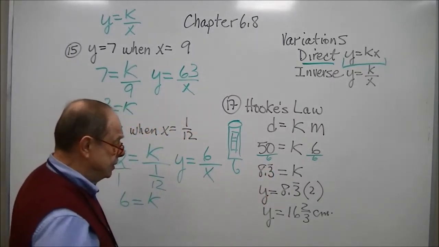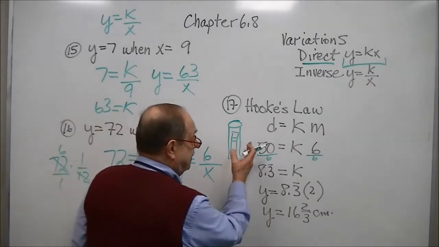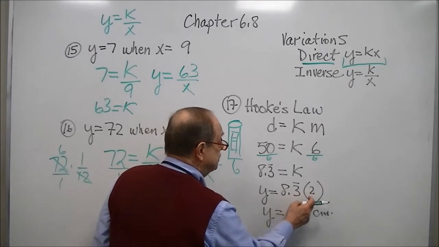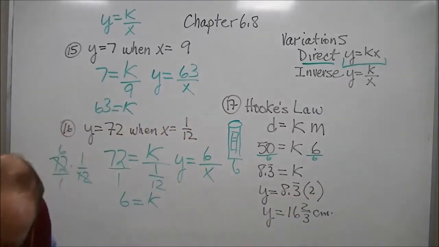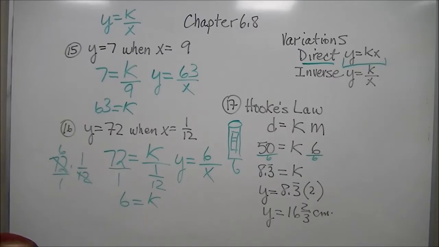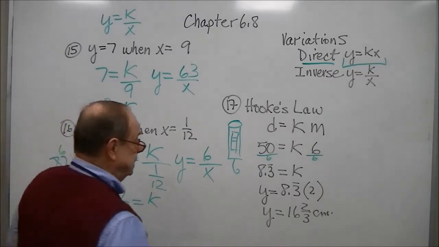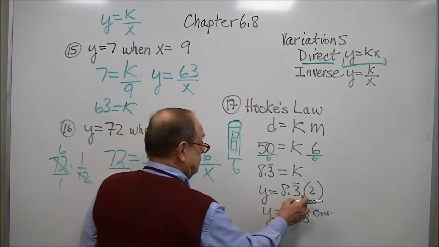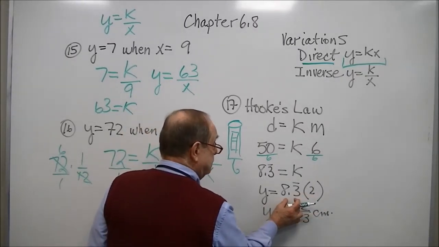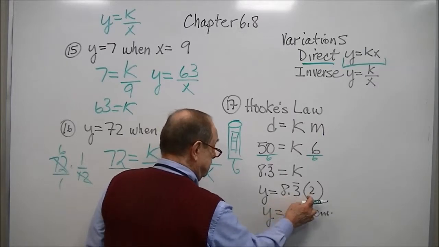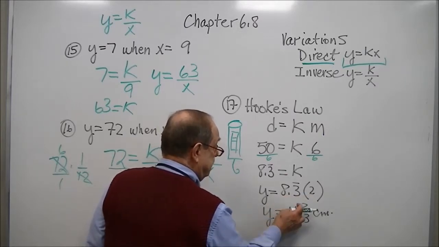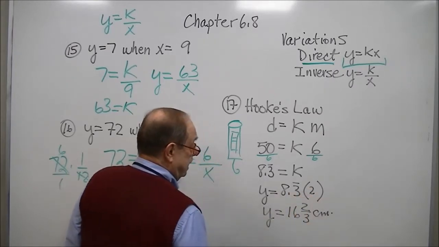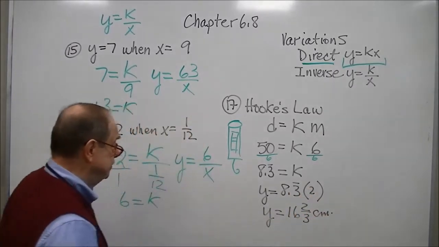And then the second part of the question is, how far would it move if you put a 2 kilogram weight on there? So you would multiply 2 times your constant of variation, and that gives you 16 2/3 or 16.6 centimeters.